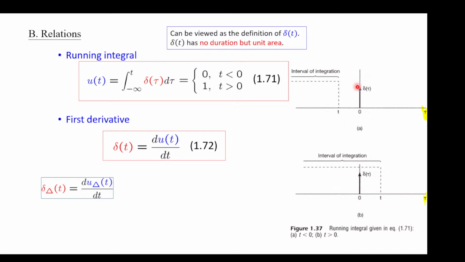It's important to remember that when you integrate over it, it has area 1. Okay, and yeah, that's the running integral and the first derivative. In my view, they are somehow more important than the discrete time version. But you can remember them as the generalization of the discrete time version. Okay, any question?